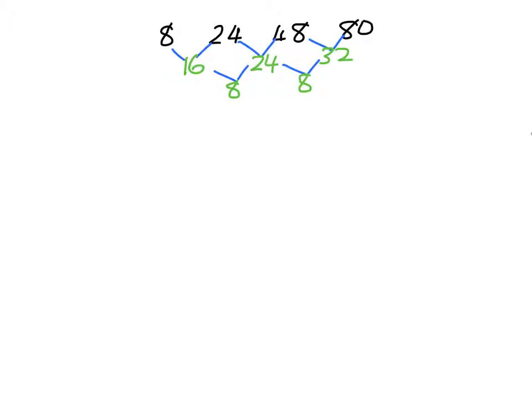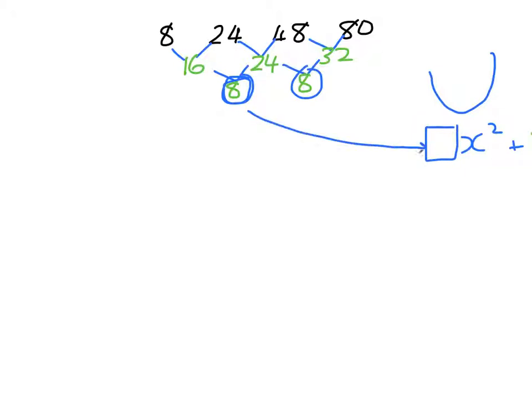Okay, so we've found our pattern. We've got a difference of 8 in the second row. Now with a quadratic, this shaped graph is a parabola, which has an x squared and usually some other terms as well. Because I have an 8 here, the number in front of my x squared is always half of that number.